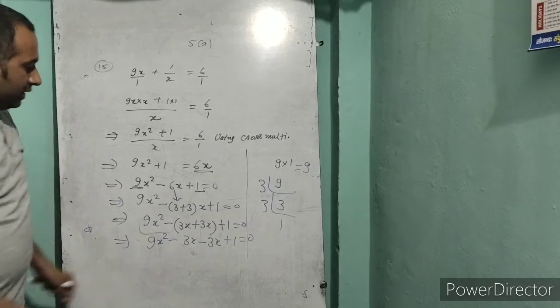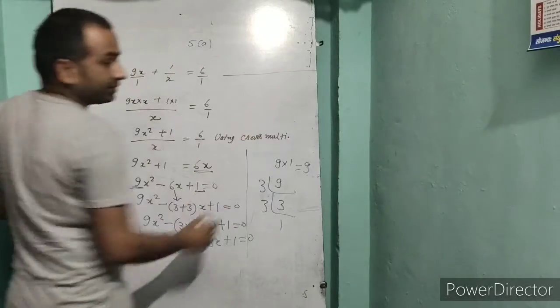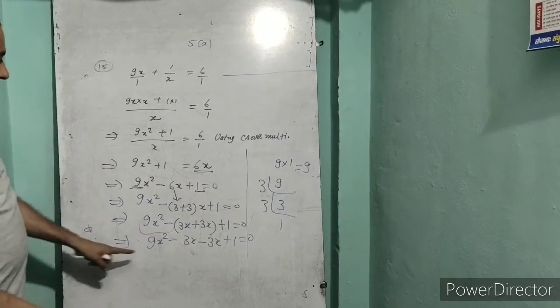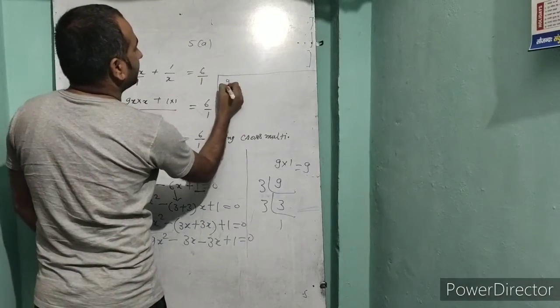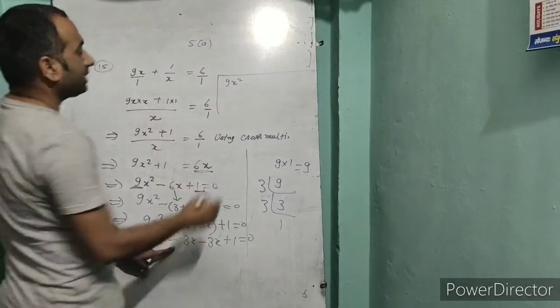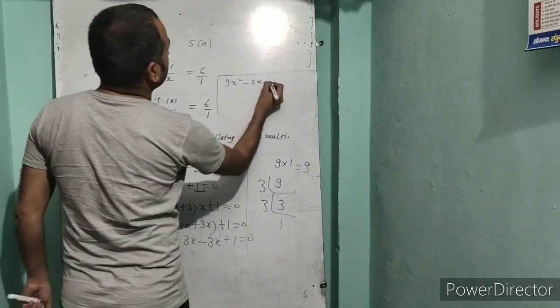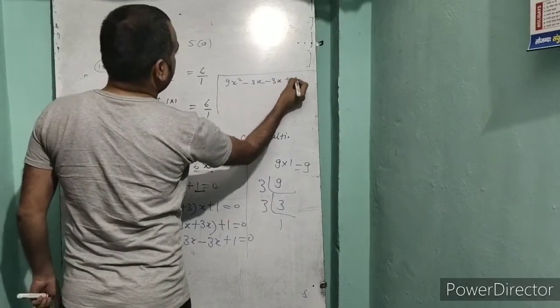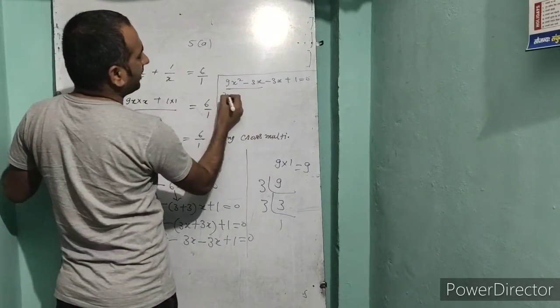Okay, so after that, 9x square, what do we have? We have 9x square minus 3x and plus 1 equals 0. So what is common here? 3x is common here.